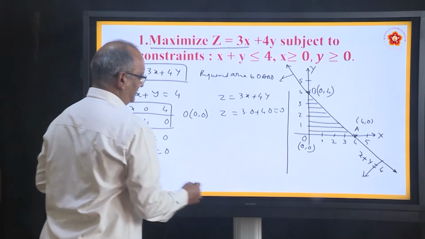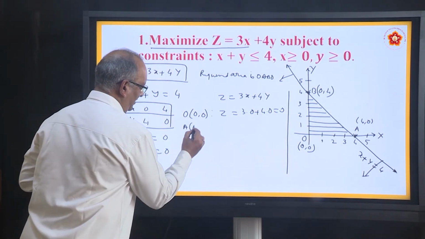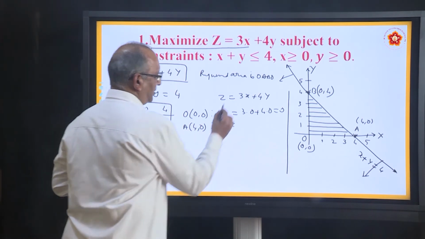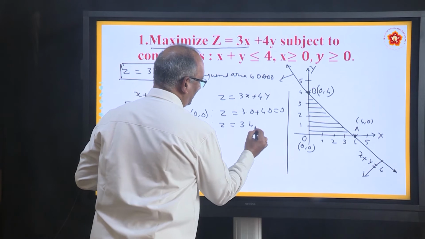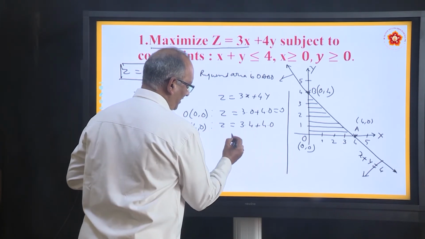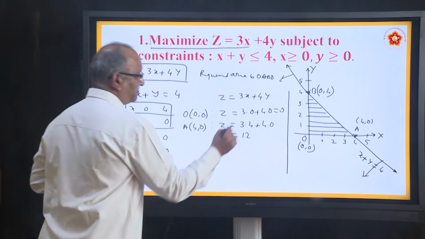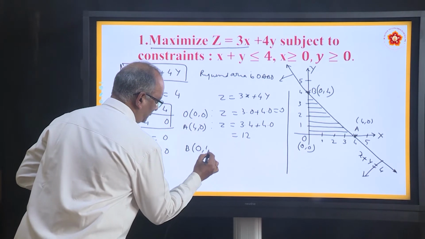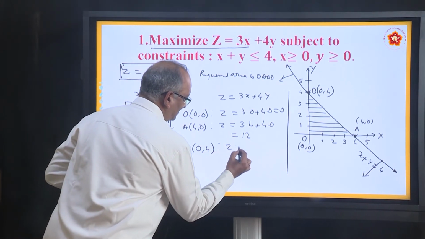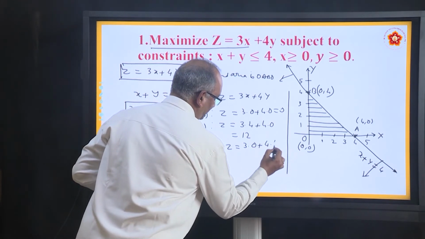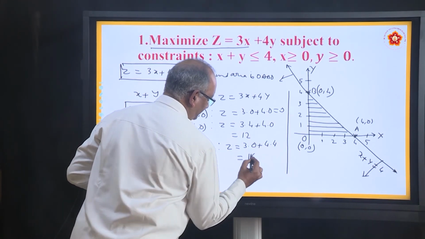Next, A. What are the coordinates of A? 4, 0. So Z is equal to 3 into 4 plus 4 into 0. So what you will get? 12. Next point, B. What are the coordinates? 0, 4. So what is Z? 3 into 0 plus 4 into 4. How much? 16.